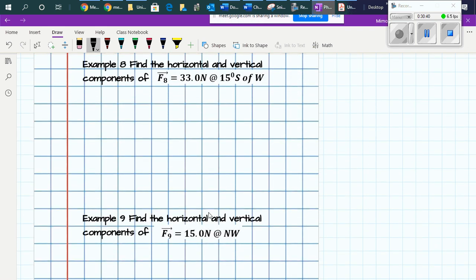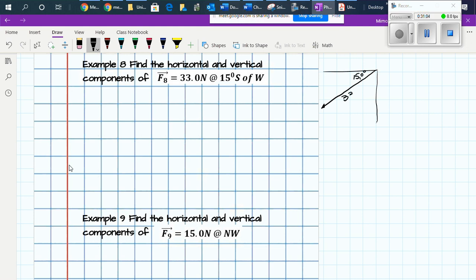So we have a 33.0 newton vector at 15 degrees south of west. So it's between south and west. And it is starting from west, has an angle of 15 degrees.